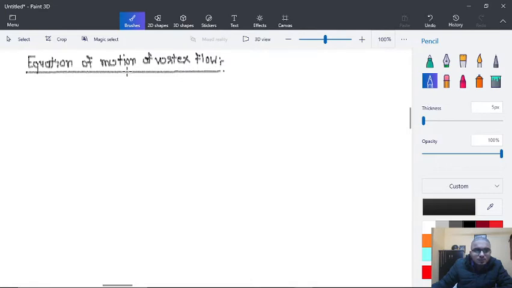It is equation of motion of vortex flow. So let's draw a fluid element having a vortex flow.